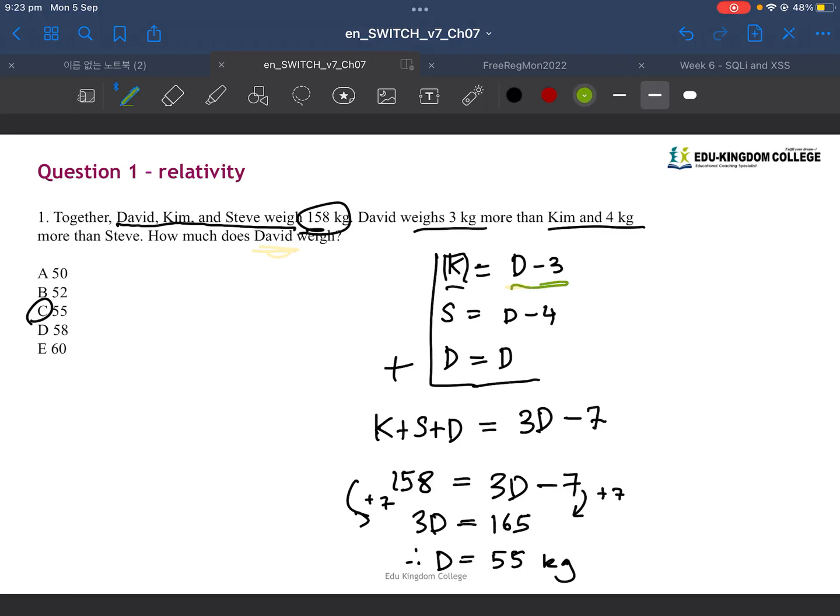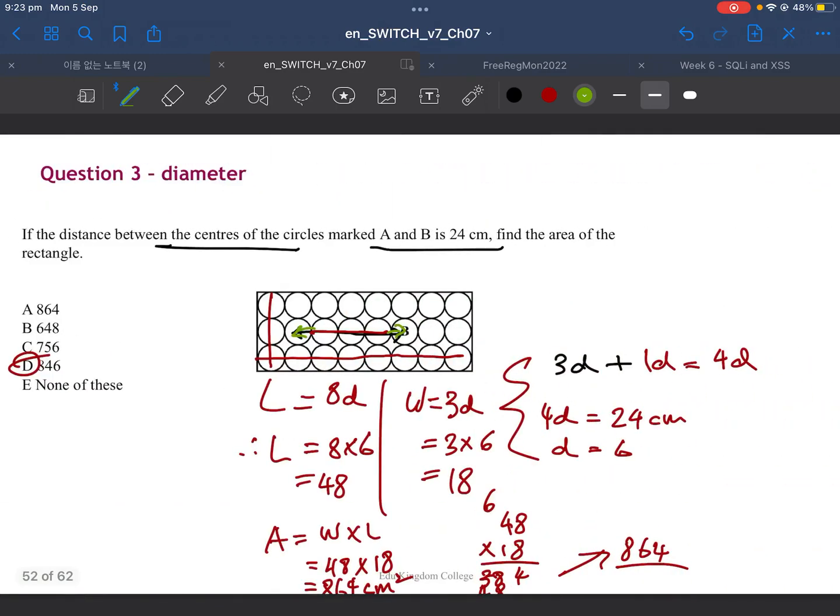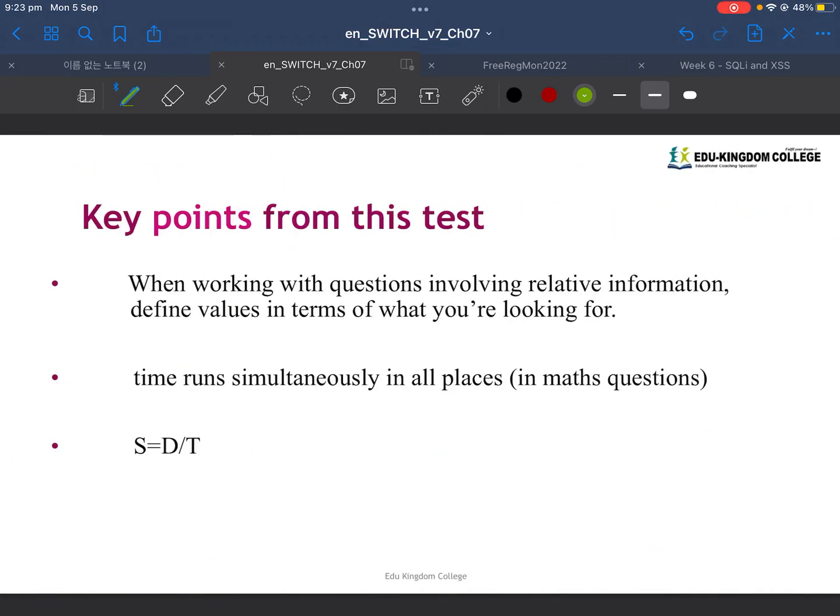We're trying to look for David, right? Can you see that I've stated all these pronumerals in terms of David, so that I can easily transfer the information in and find the answer?